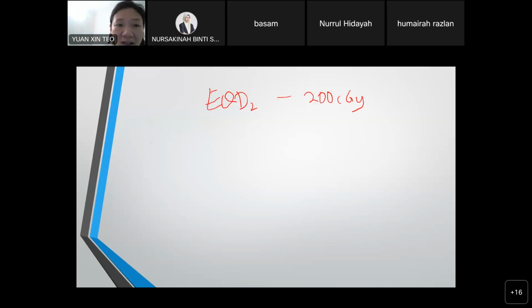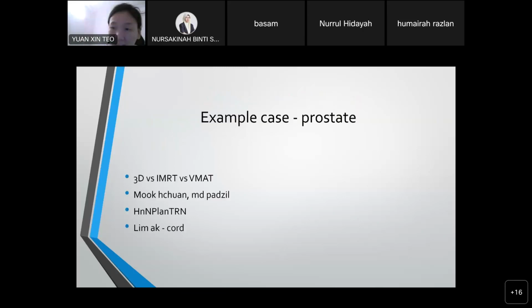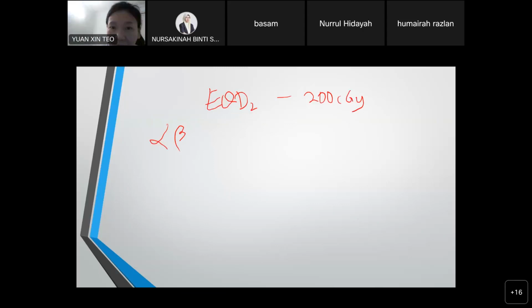I think you all know what alpha and beta are. There's a short formula, where the formula will be dose times (d plus alpha/beta) divided by (2 plus alpha/beta).